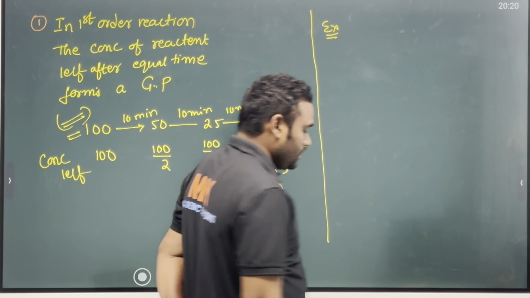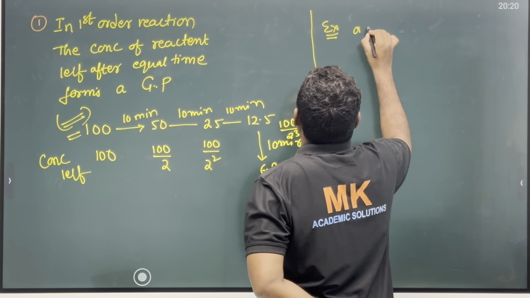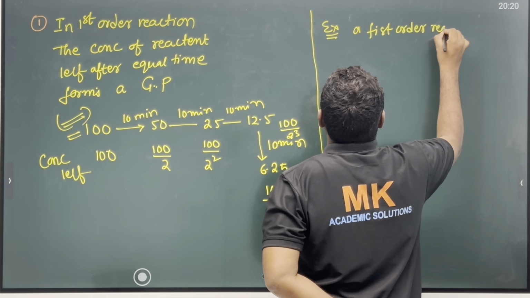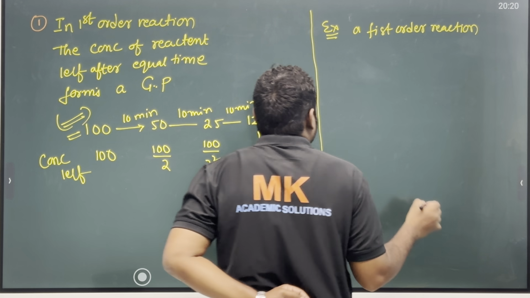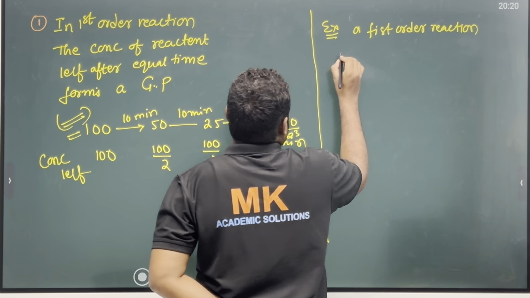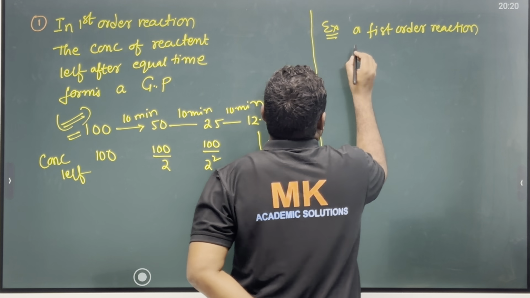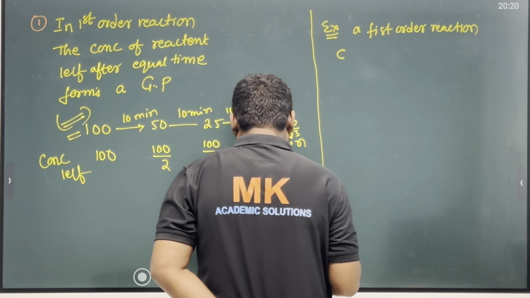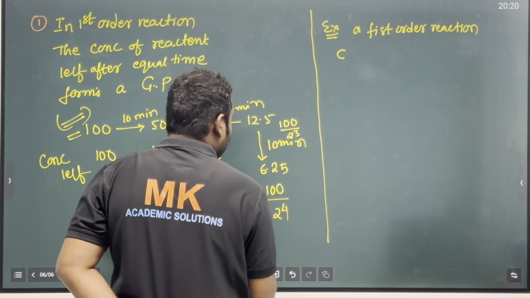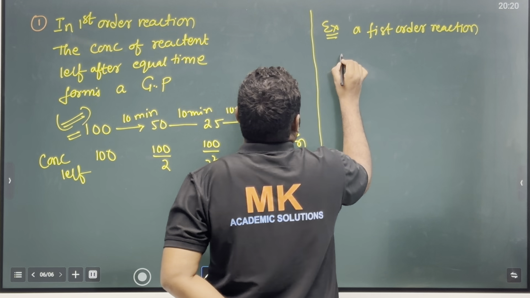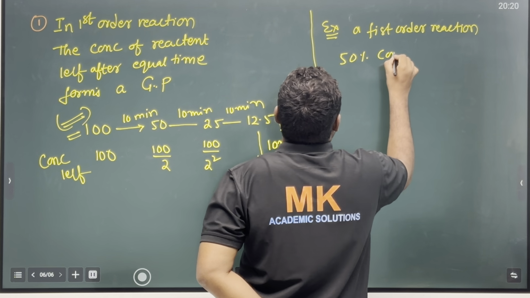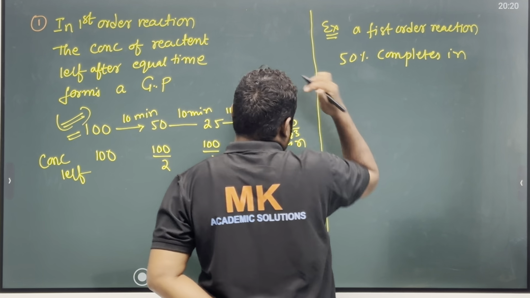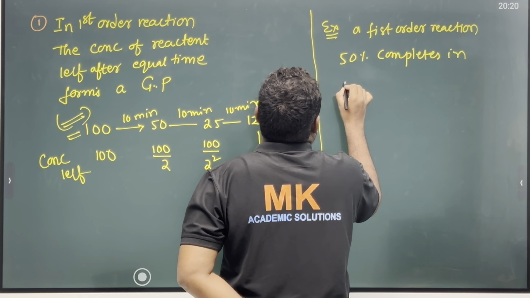Let us consider a first order reaction. Directly they are telling a first order reaction 50% completes in 30 minutes.